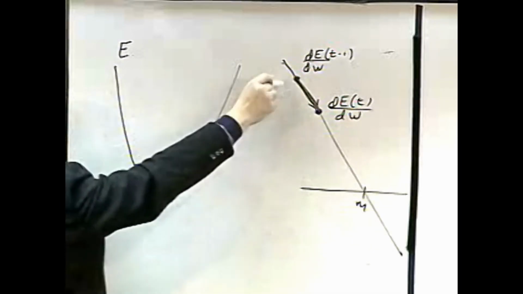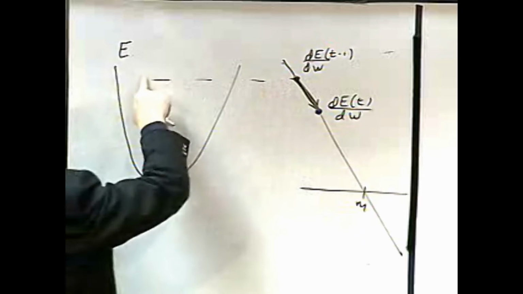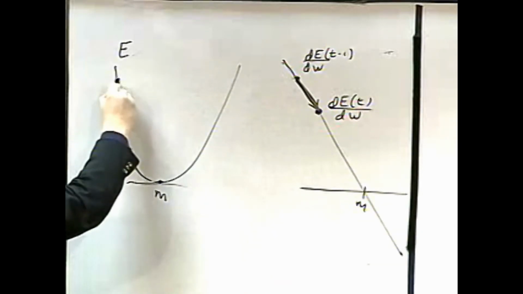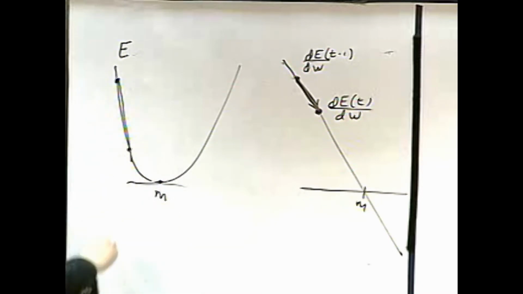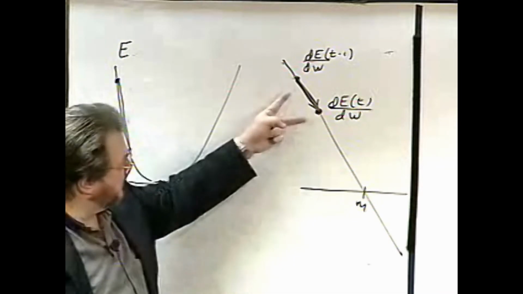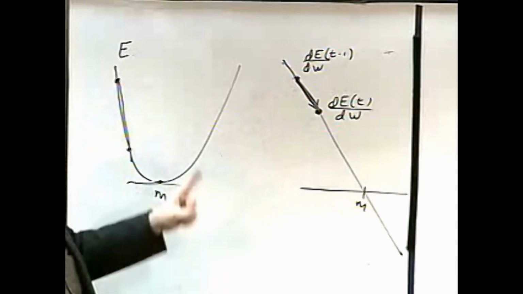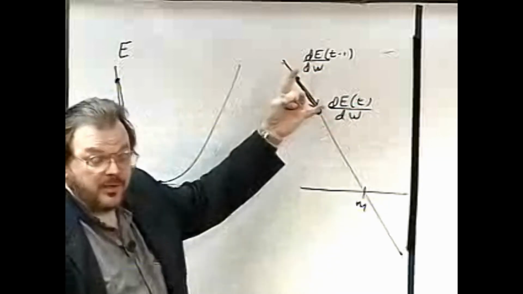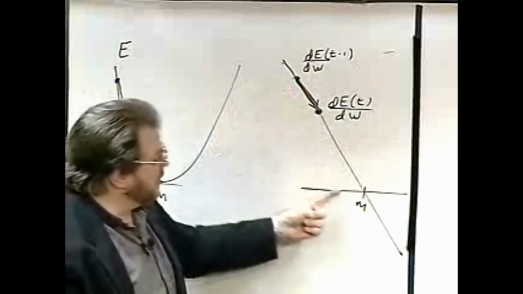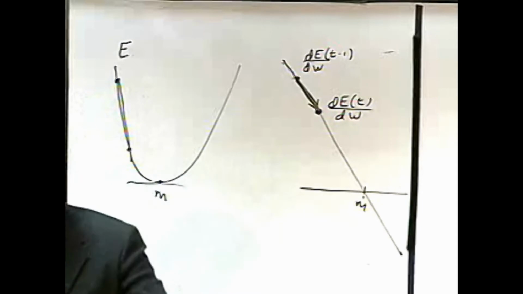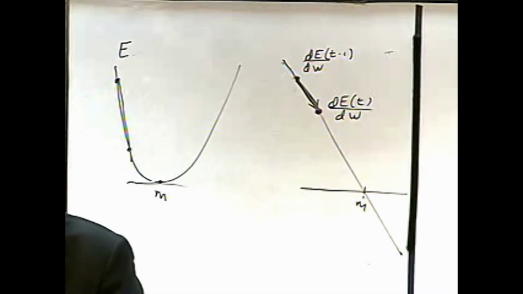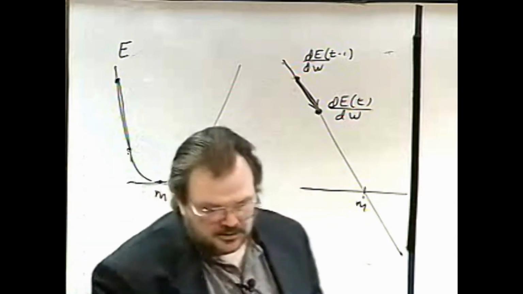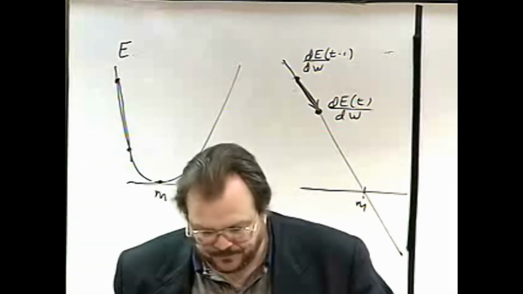Now, the idea is that we know, if we assume that we have a quadratic surface, that the closer we get to this zero crossing, the more we want to slow down, correct? If we're going too fast and we're close to it, then we would like to slow down. So how would we like to do that?